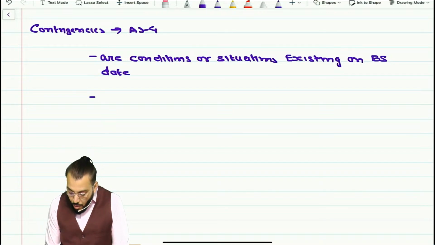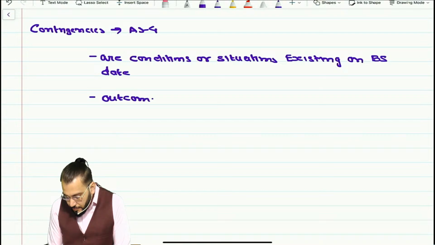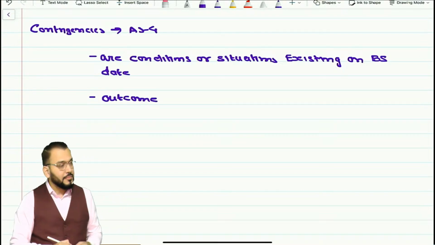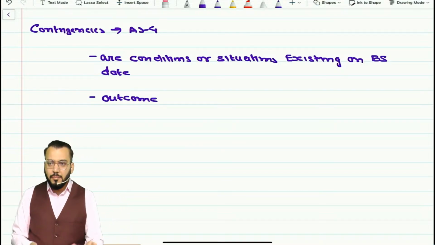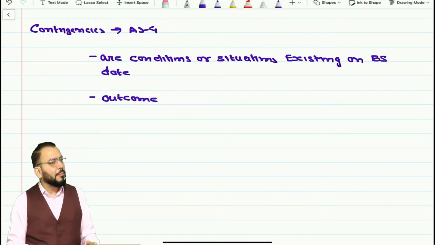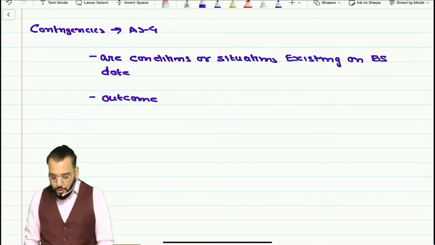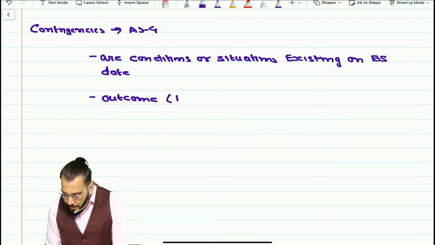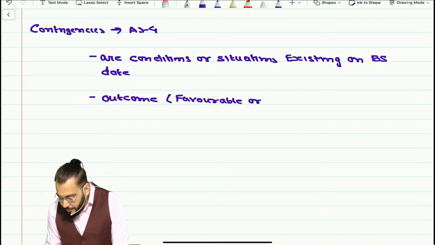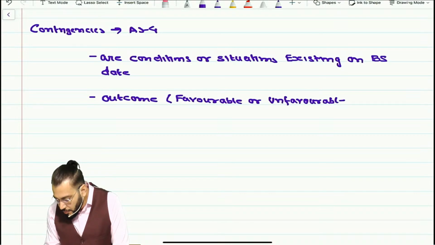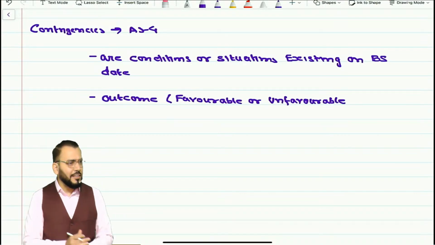Then, the outcome. Outcome means result, and that outcome can be either favorable or unfavorable for the reporting entity.